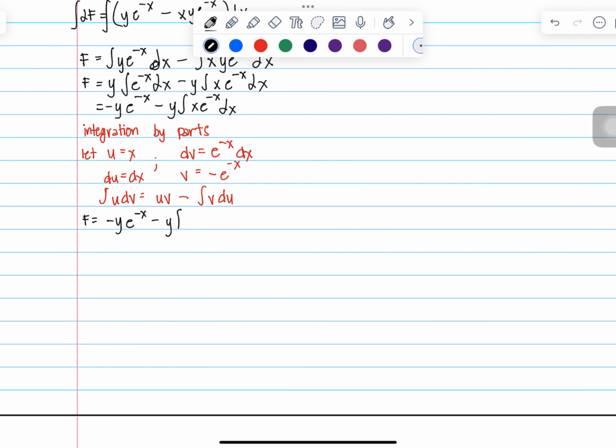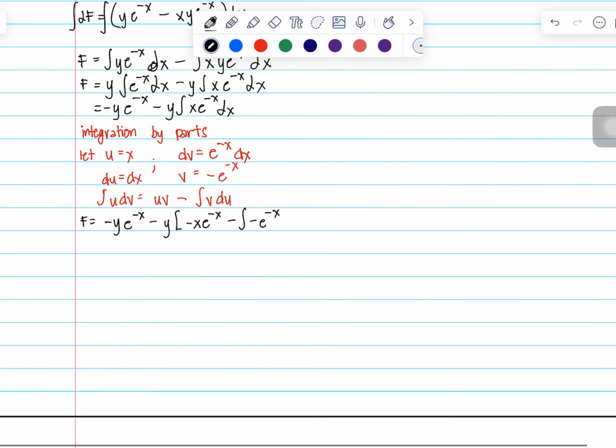Okay, so what is u? u is x. And what is v? It's negative e to the negative x, minus the integral of v du, so we have negative e to the negative x dx. Okay, du is dx. So let's simplify.